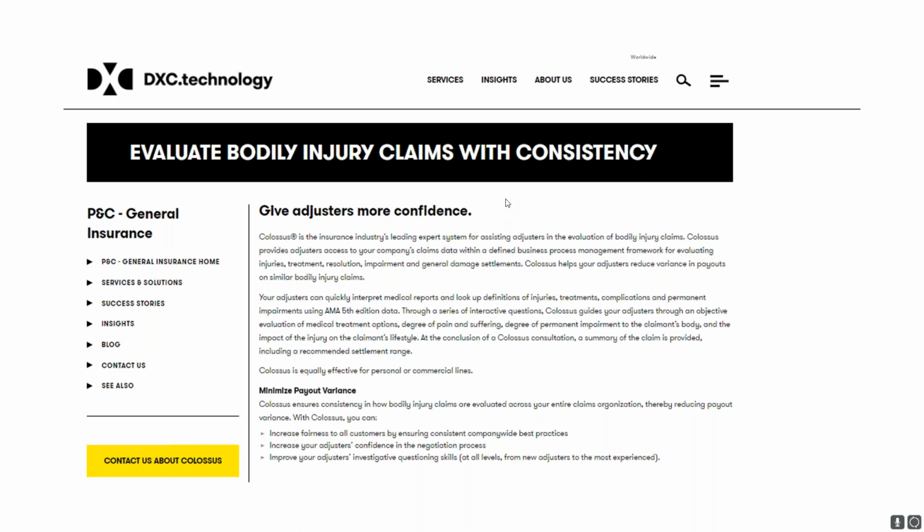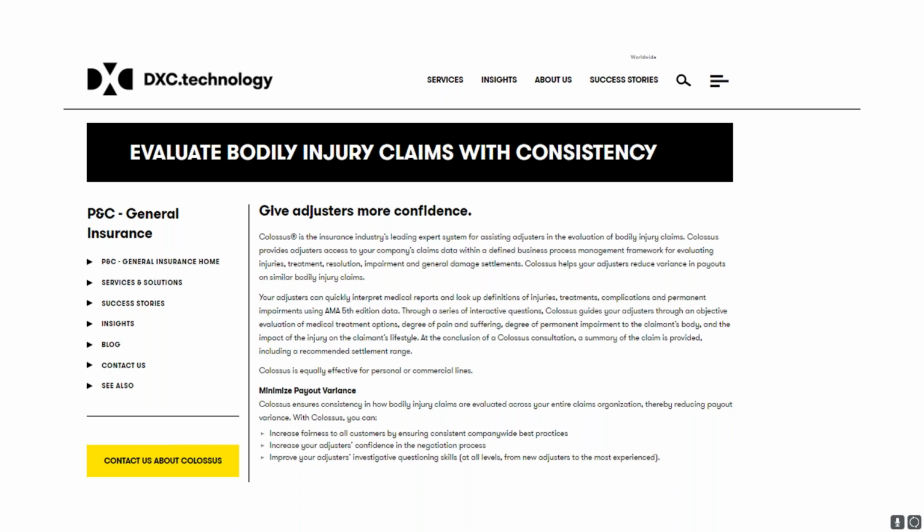On their website, when they explain to the insurance industry why to buy Colossus, this is what it says: it's the insurance industry's leading expert system for assisting adjusters in the evaluation of bodily injury claims. Colossus provides adjusters access to your company's claims data within a defined business process management framework for evaluating injuries, treatment, resolution, impairment, general damages, and settlement.